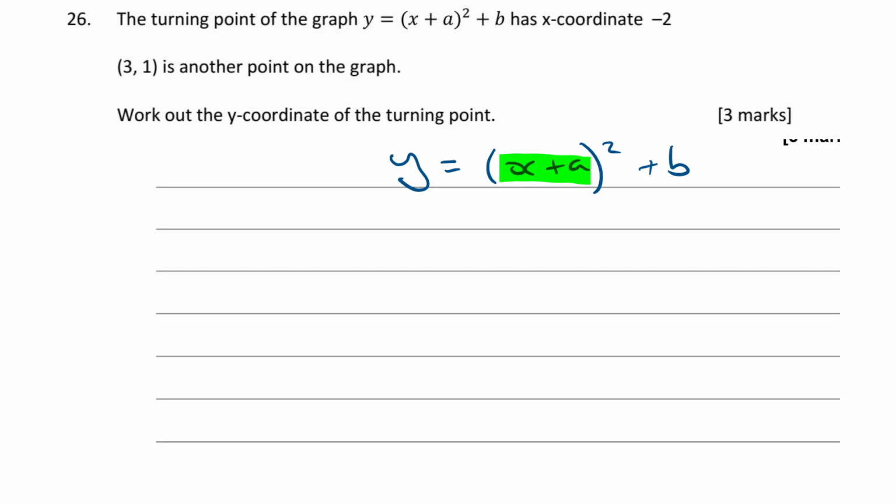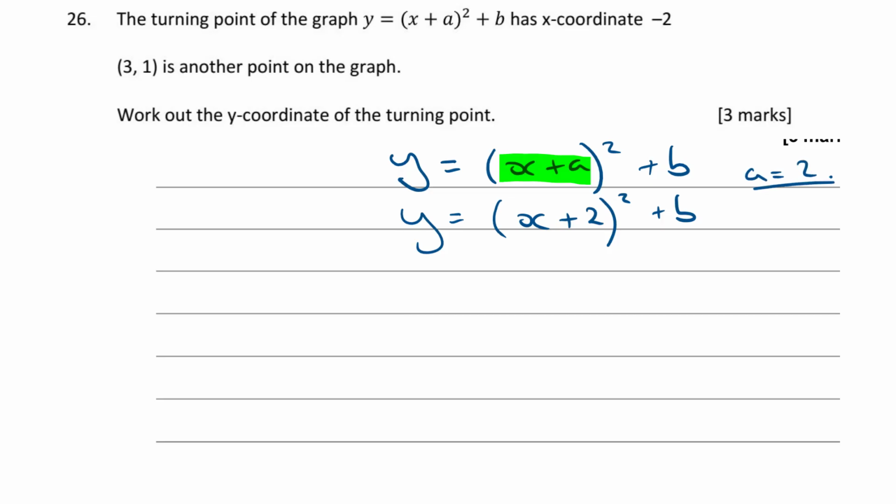And if the x coordinate is minus 2 at that point, then a must be 2. So when I've got minus 2 plus 2, I get 0. So we know that it's of the form y is equal to (x plus 2) all squared plus b.